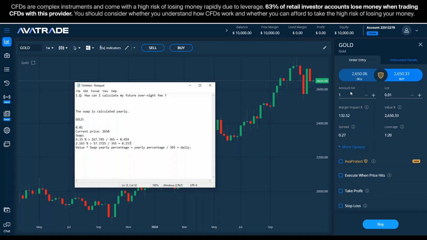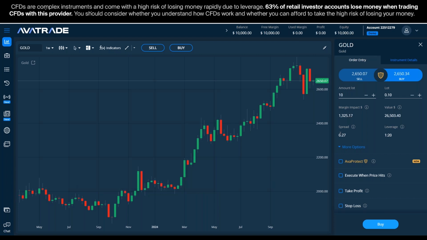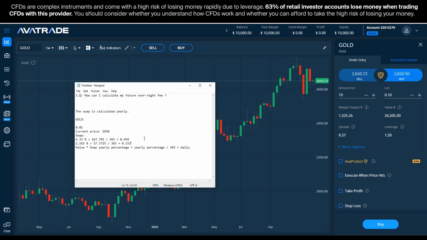Now, assuming my position would have been 10 times higher, like that, naturally my value increases by 10 as well. Naturally, my swap will be increased by 10 as well. Not the percentage, but the actual result that was out of the calculation. Okay, so instead of basing the 6.33 on this value, we now have to do it on that value, which makes this number that number, and so on and so on. And instead of 0.45, it would have been 4.590. Okay.